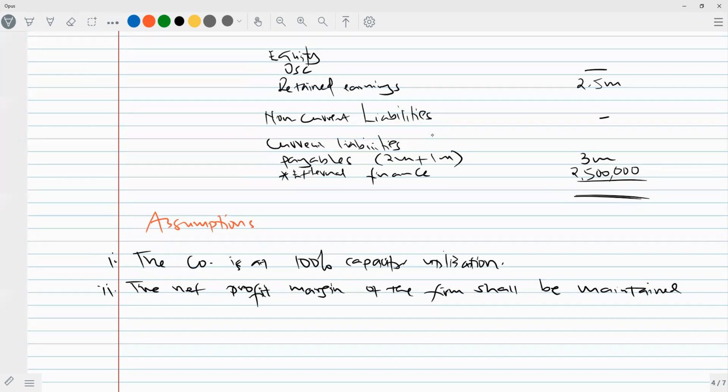The current net profit margin of the company shall be maintained even in future. So what that simply means is that if we have a 10% profit margin in the year 2020, we are assuming that even in future the same shall happen.